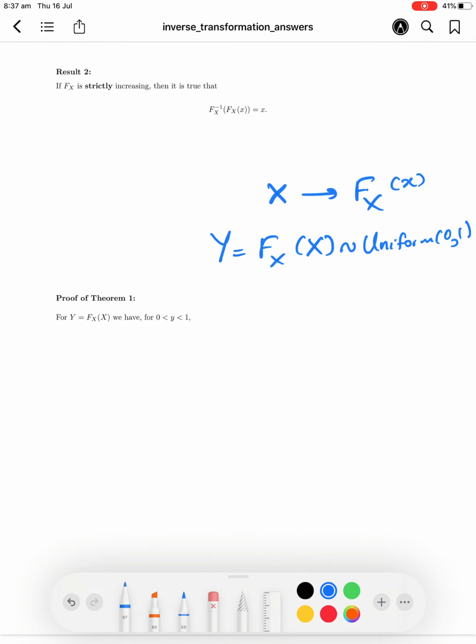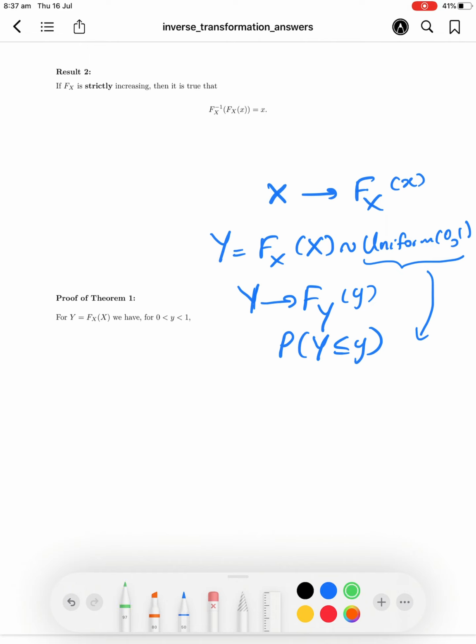So what you need to show is that the CDF of y takes the form of the CDF of the standard uniform distribution. Or else, you need to show the probability less than or equals y takes the form of the standard uniform distribution.